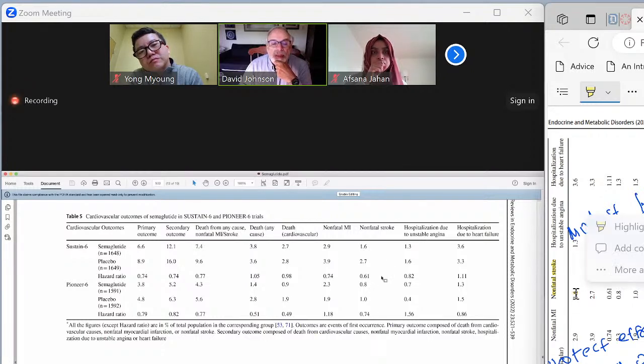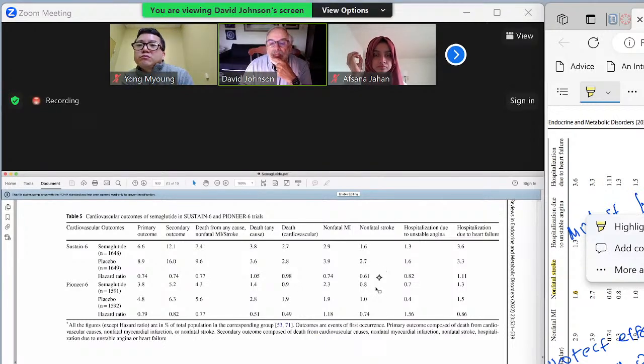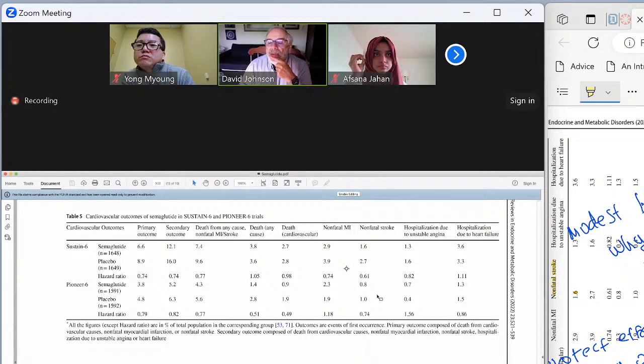It's especially in the SUSTAIN 6 study, it is much more interesting. So what about stroke? And I'm assuming that these are ischemic rather than hemorrhagic strokes.